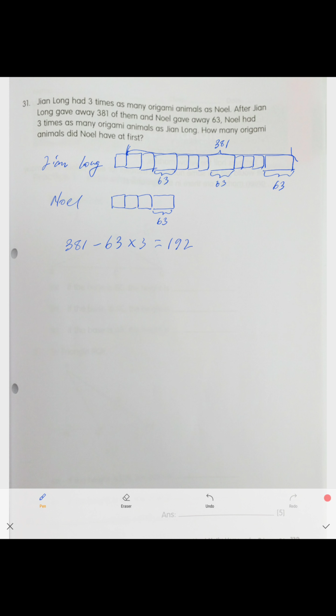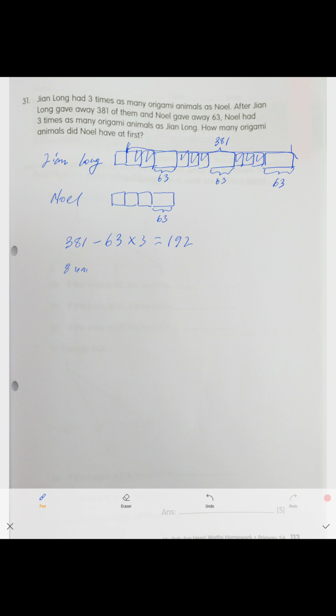How many units? 1, 2, 3, 4, 5, 6, 7, 8. 8 units is 192. So 1 unit is 192 divided by 8, which is 24.